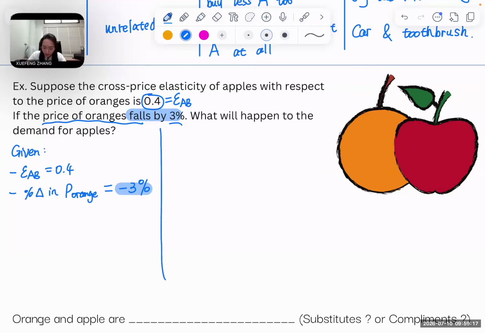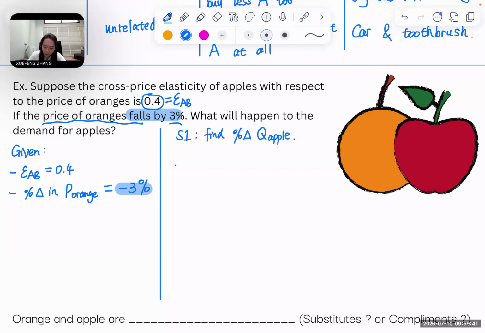Okay, next one, the first step, you find the percentage change in demand for apples. How?